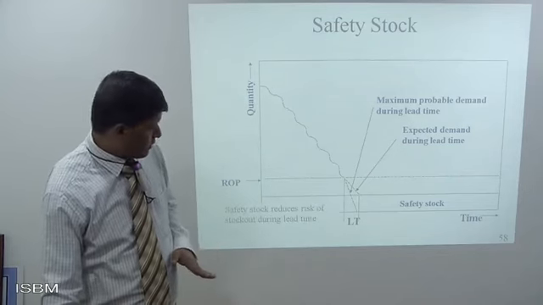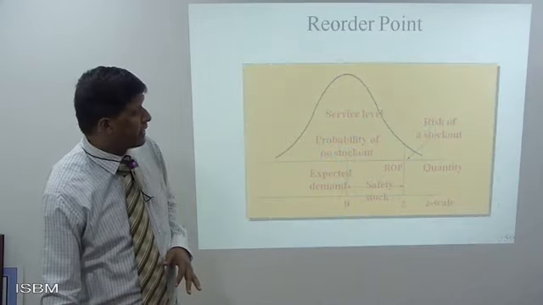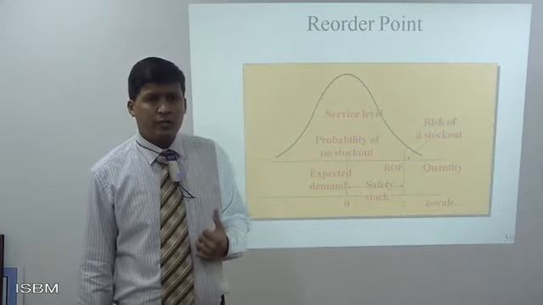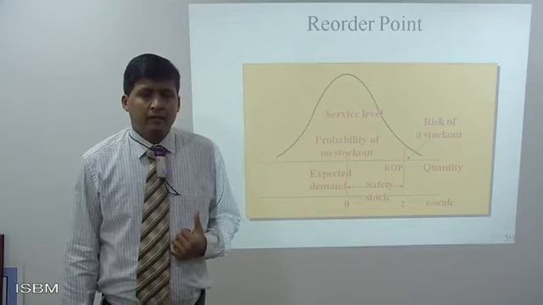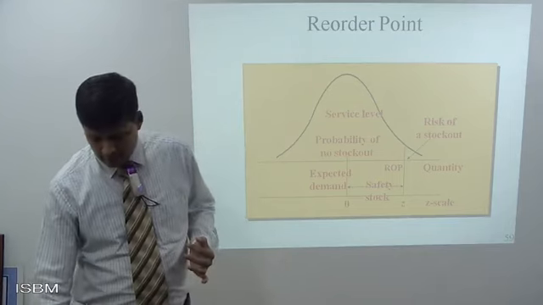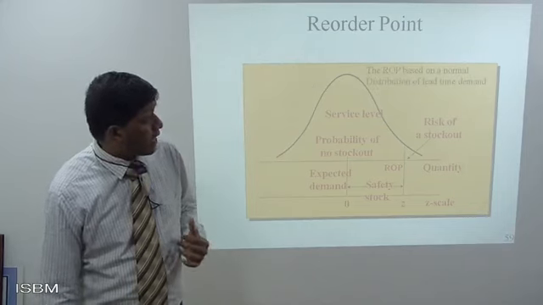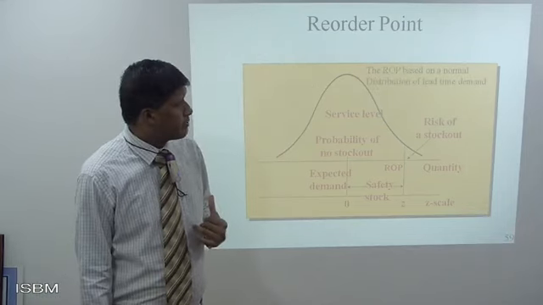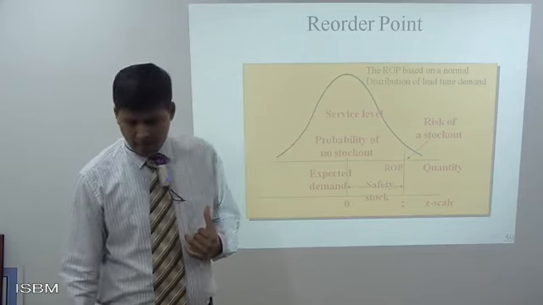Safety stock reduces the risk of stock out during lead time. So we have a reorder point, the time when an order should be placed, and the ROP is based on a normal distribution of lead time demand.